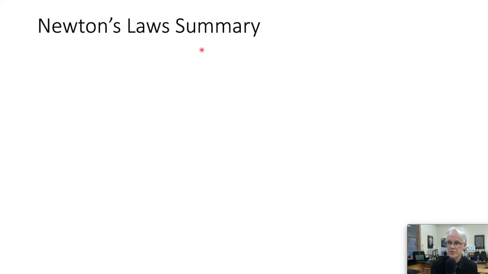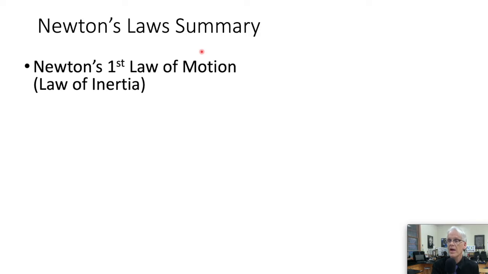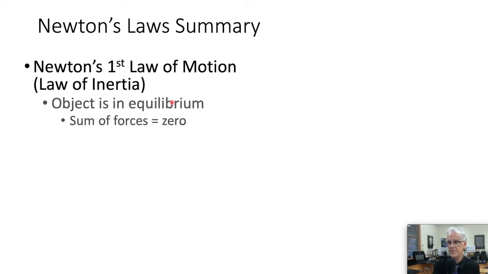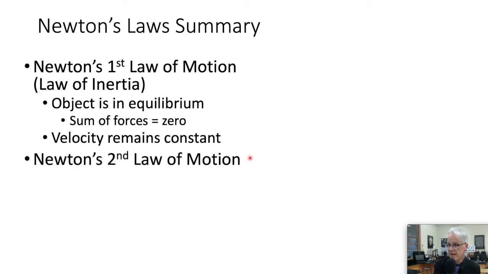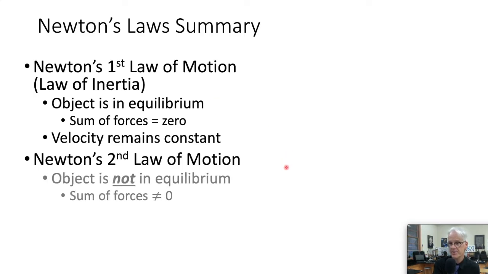Let's summarize Newton's laws of motion. Newton's first law of motion is also known as the law of inertia. It says that if an object is in equilibrium, which means that the sum of the forces equals 0, then the velocity will remain constant. Newton's second law of motion tells us what happens when the object is not in equilibrium.